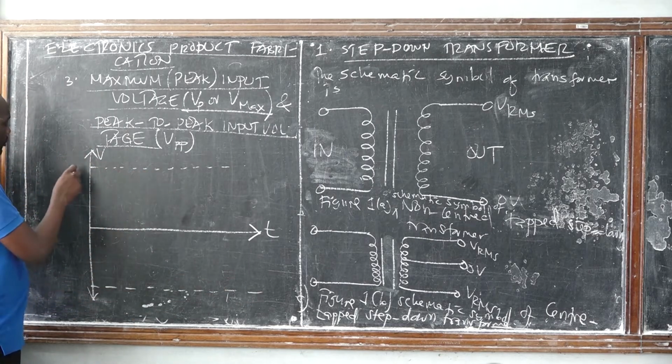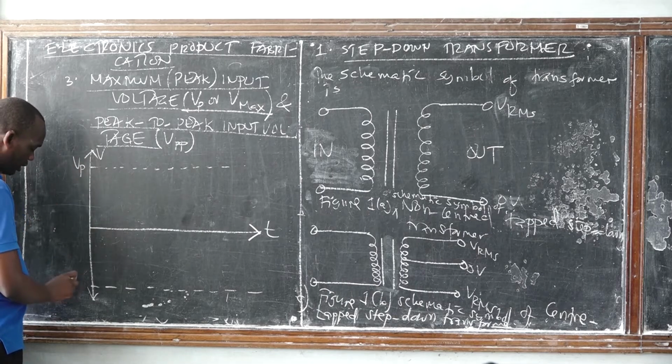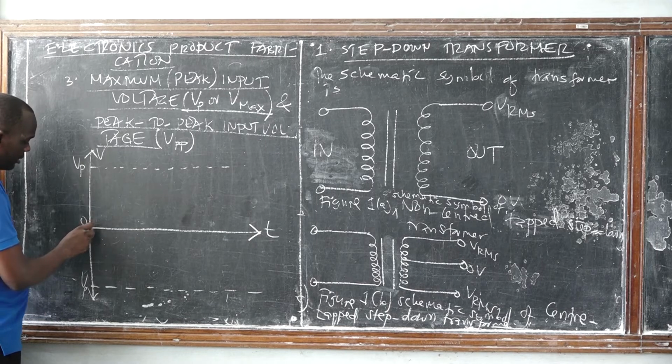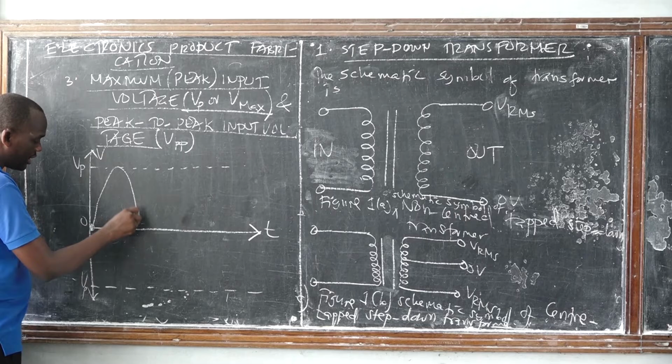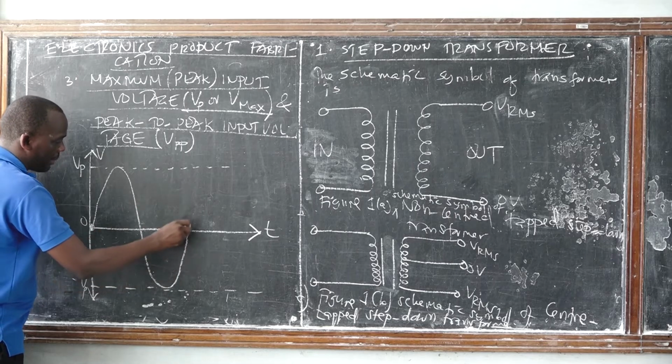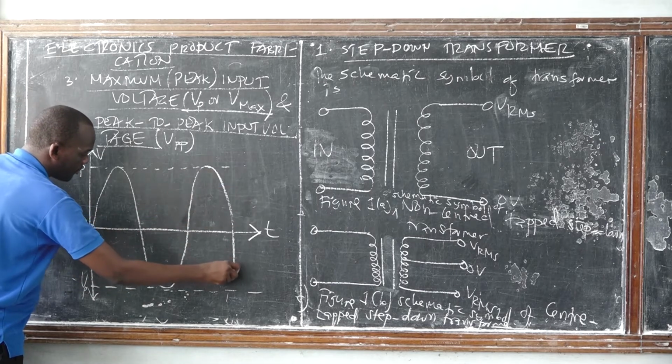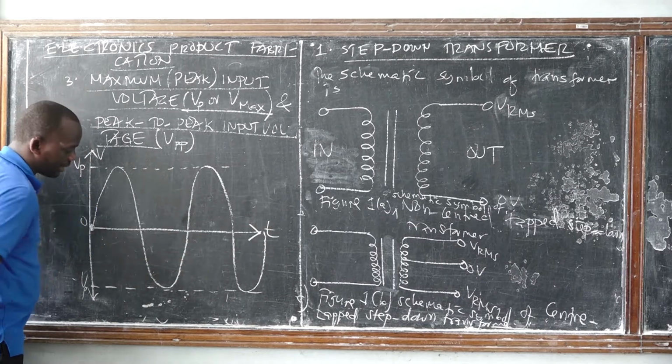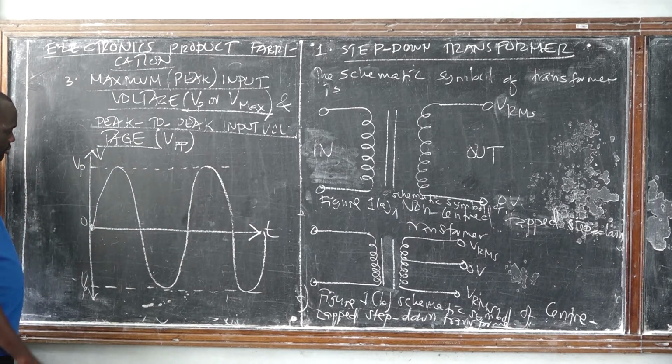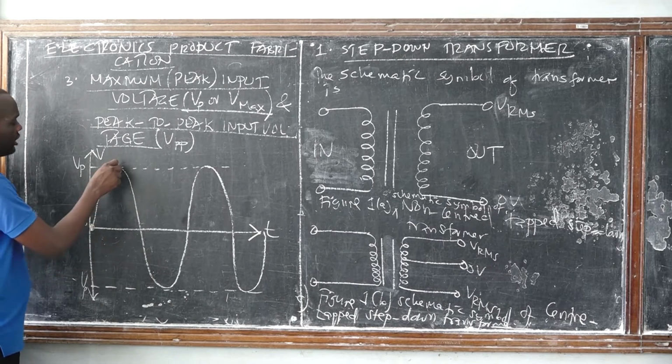This we call V max or V peak positive, V peak negative. This is 0. Then we are going to have a sinusoidal. We might have a sinusoidal, a triangular, or a sawtooth.